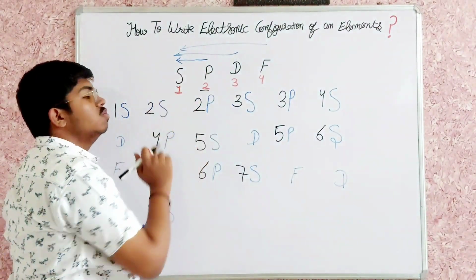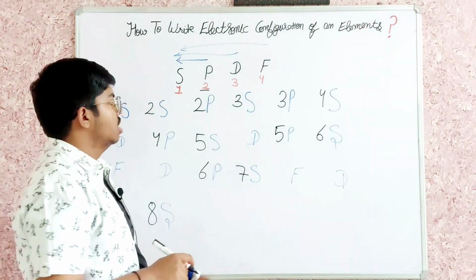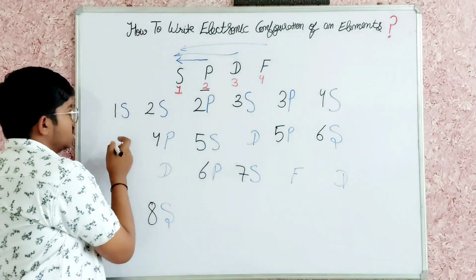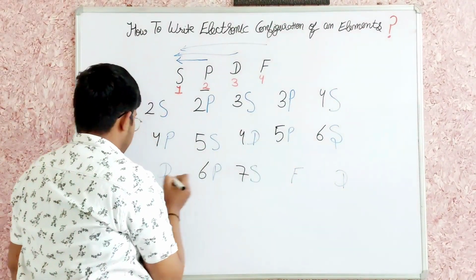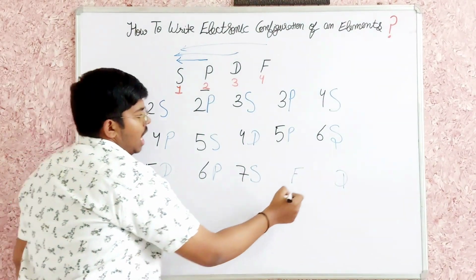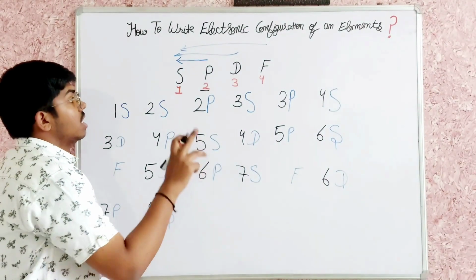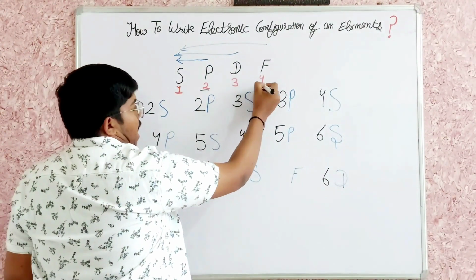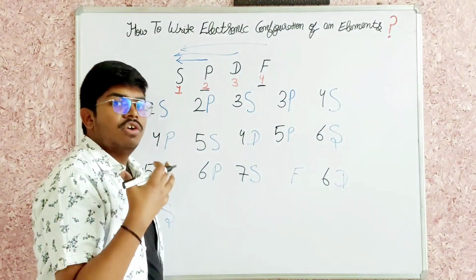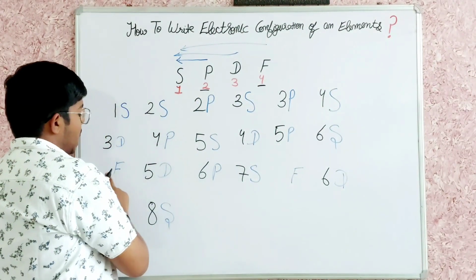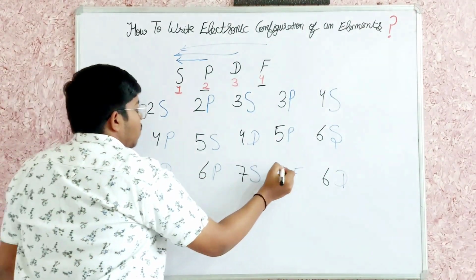Now let's move to D. D is at the third place, so we start from 3: here is 3d, then 4, 5 and 6. Now the last one, F. F is at 4, so we start numbering from 4: 4f, and then 5f.